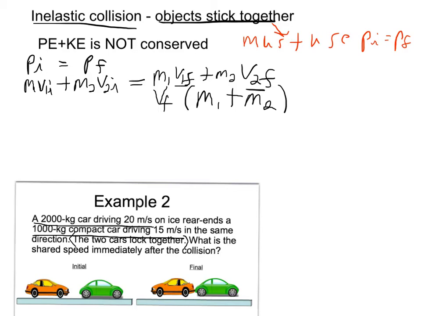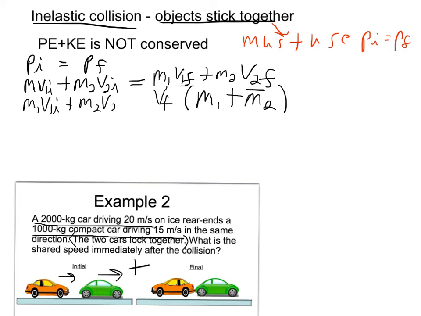We need to declare a coordinate system here. They're both driving in the same direction, so let's call to the right positive. Any number that's positive will be to the right. We can't eliminate anything from this side of the equation, since none of their velocities are 0.